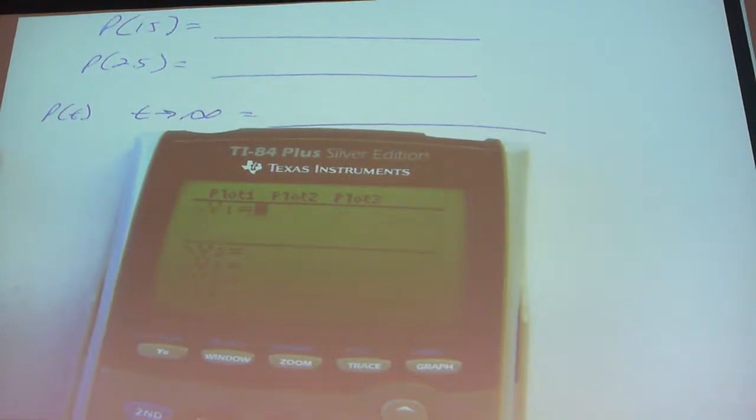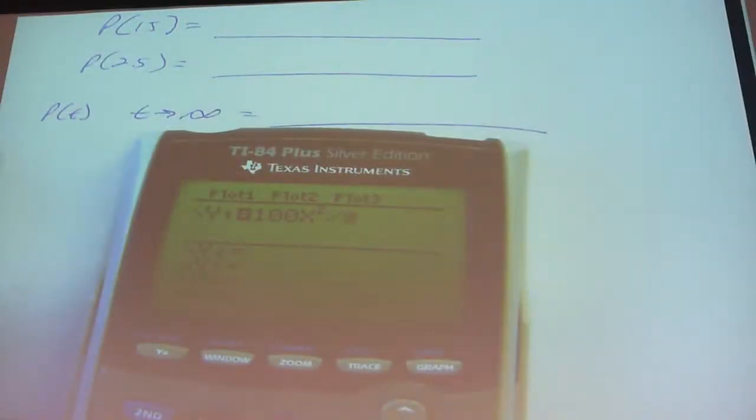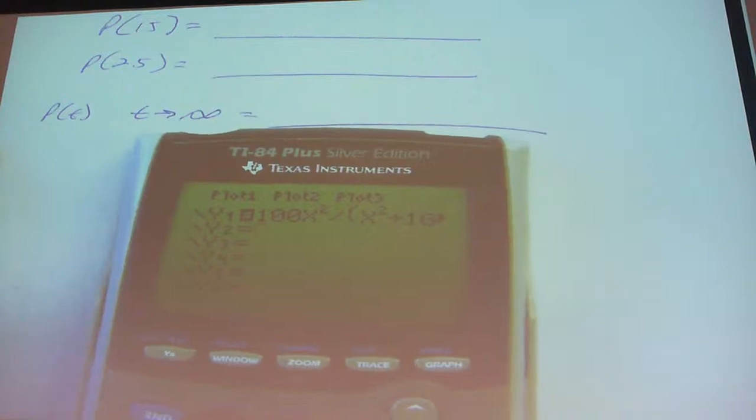Okay, so again, let's double check little things like are we typing it incorrectly. When I go to y equals, it's 100 x squared divided by parenthesis x squared plus 100. Remember, your table should be set. When you hit second window, it should be ask auto.